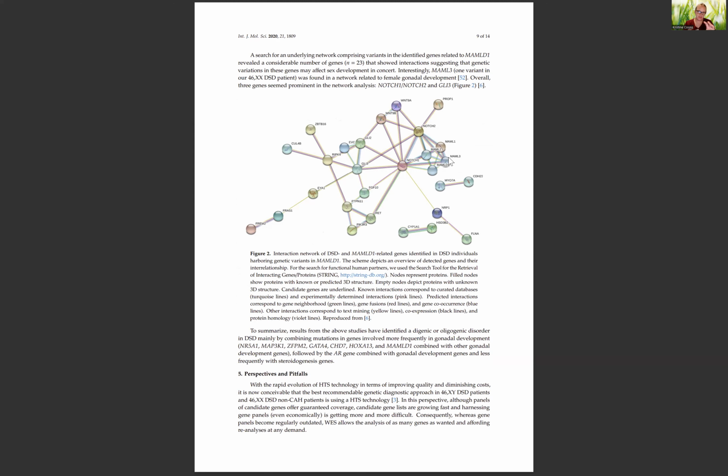Now, as you can see, this tree and interaction is incredibly complex. And as a consequence of that, if you affect one gene in one protein, it has a cascade effect. If you have multiple genes that are somehow influenced and affected by this, that cascade effect becomes more and more pronounced.